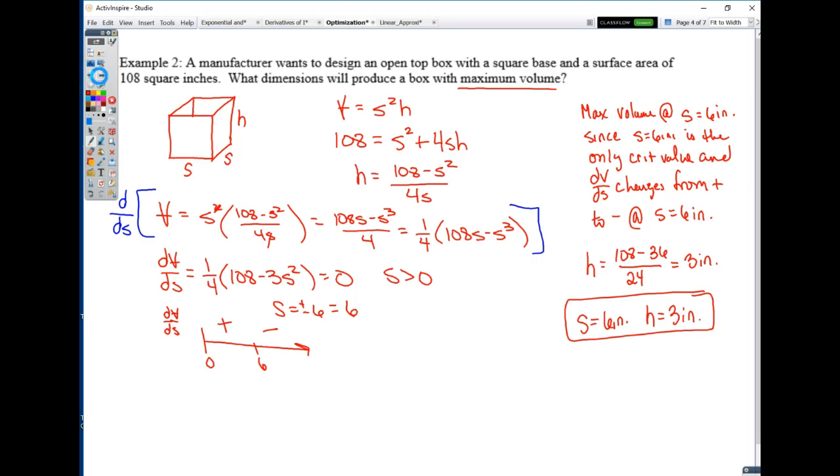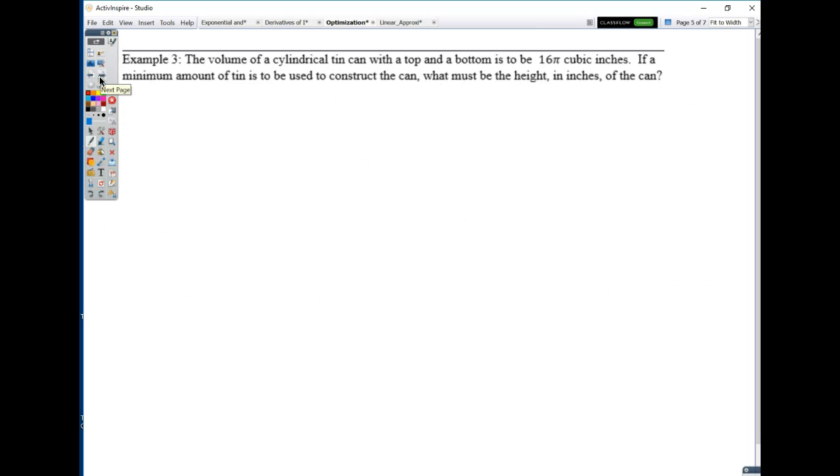All right, one more. Volume of a cylindrical tin can with a top and a bottom. Cylindrical tin cans have 2 dimensions, a radius and a height.